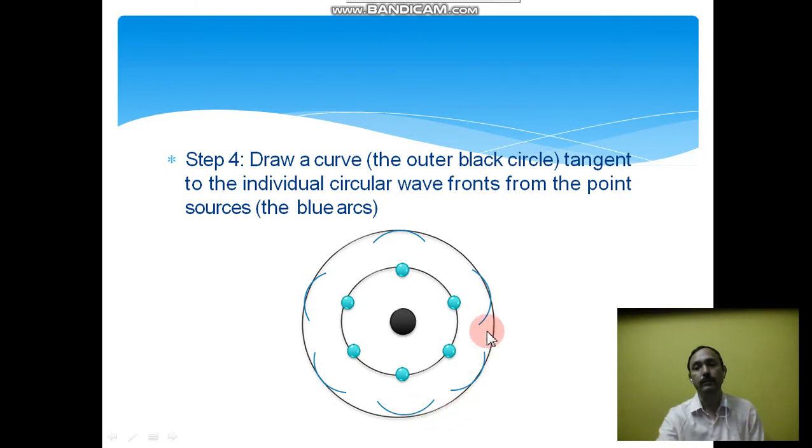These are the individual circular waves. This is the curved surface, colored in black. So draw a curve tangent to the individual circular wavefronts from the point sources. These are the blue arcs.